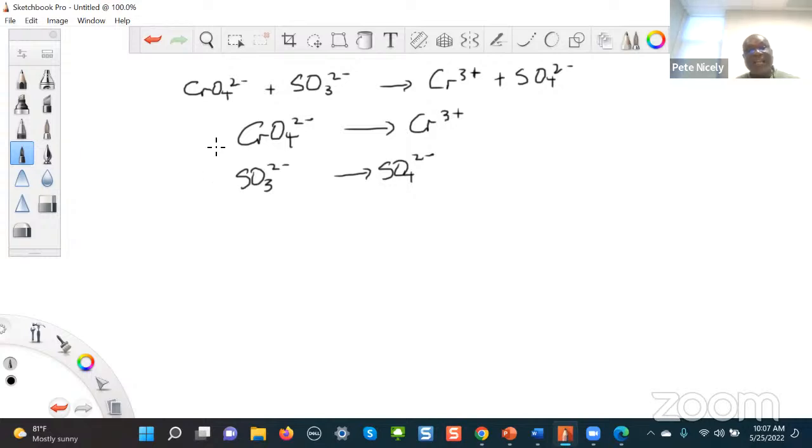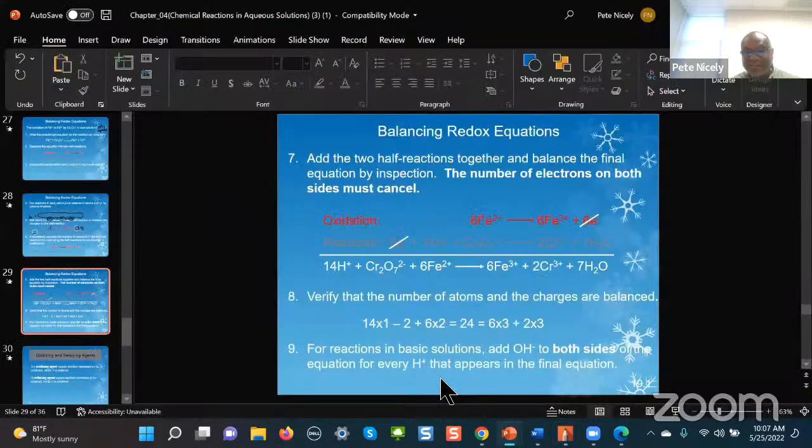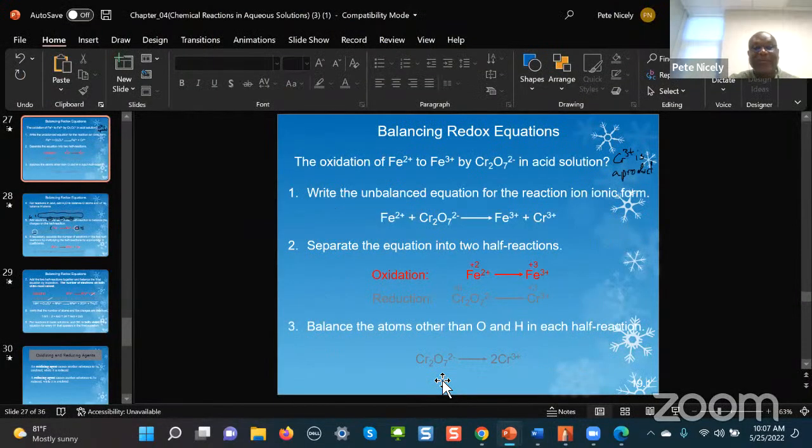The second step, and to be perfectly honest, I don't think we mentioned this. Let me check something here. I just realized something. Oh, I skipped over it. Step number 3 says balance atoms other than oxygen or hydrogen.